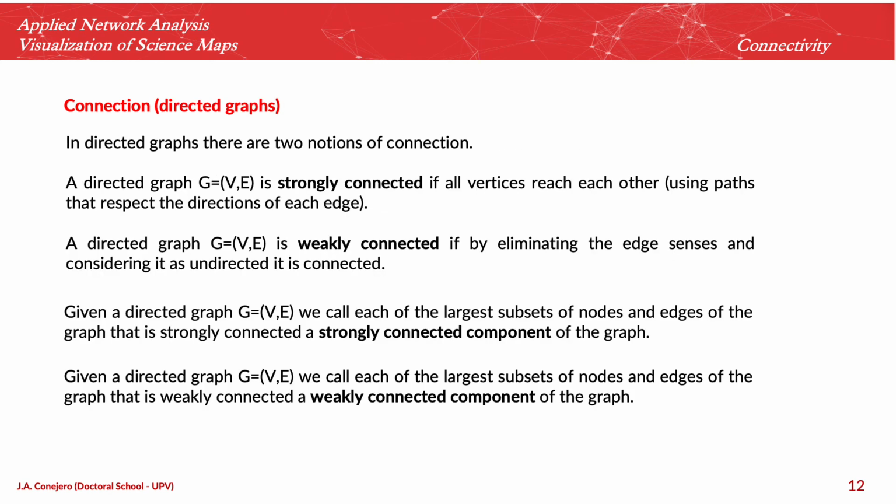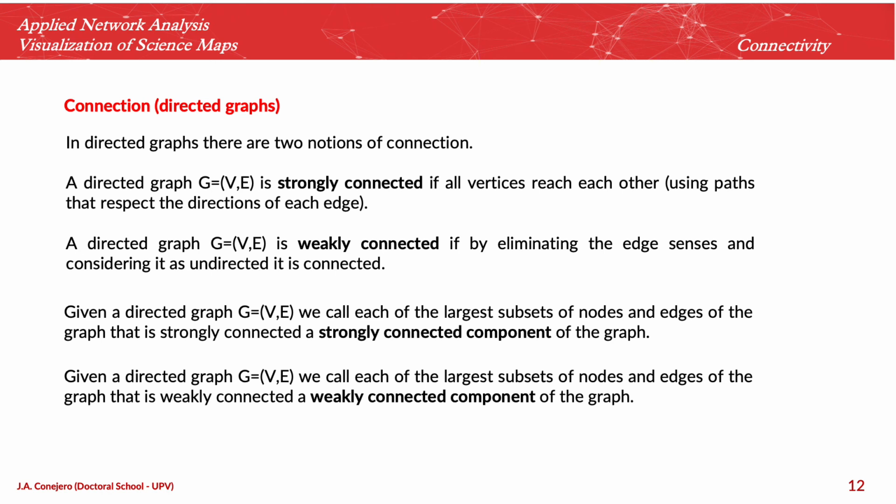So in the case of directed graphs, we have two notions, which are strongly and weakly connected. Strongly connected means that all nodes reach each other using paths that respect the direction of each arc. In the case of weakly connected, if we forget about the directions, we consider whether the graph is still connected.